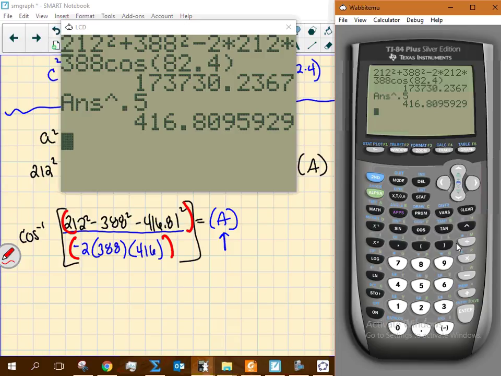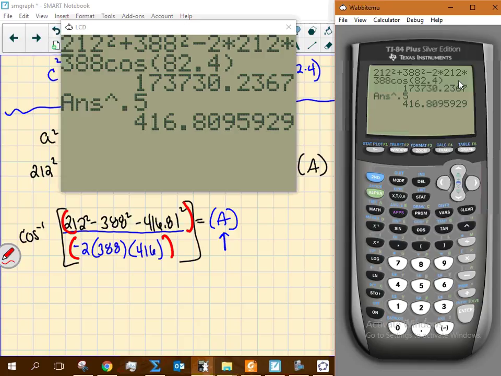But I want to minimize rounding error as much as possible, finding angle A here. So when I go to my formula, do I use 416.81 or 416.809 or 416.8096? There's debate there, right? And it's all dependent on how much they want me to round my answer. My thought is, let's try to eliminate all rounding error as much as we can.